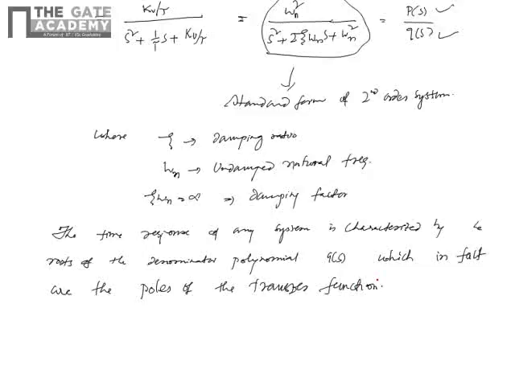So this Q(s) is called a characteristic polynomial.